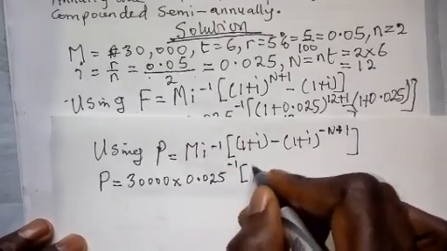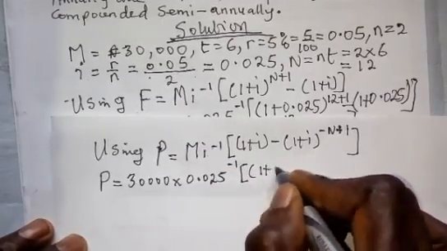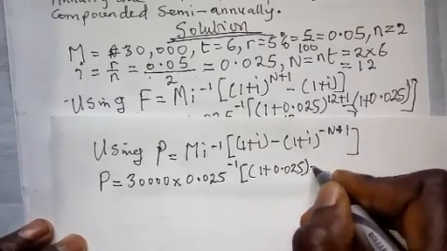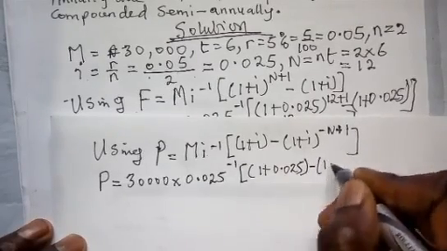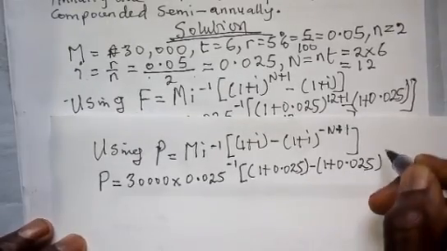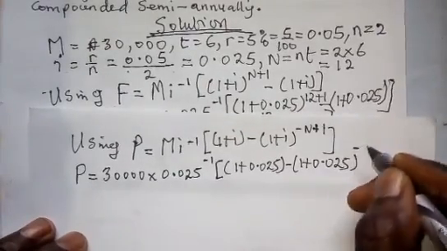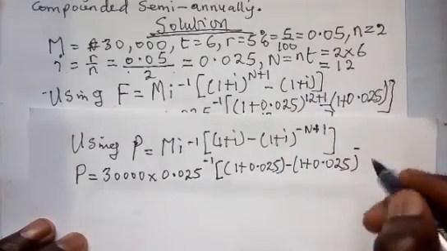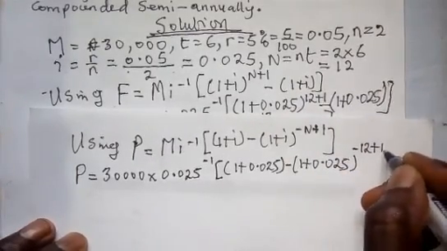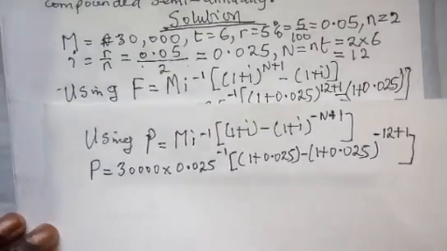Then we can open the bracket and say 1 plus 0.025, close the bracket, then minus 1 plus 0.025, then power what? Minus our n. Our n is 12, so we say minus 12, then plus 1, and we can close the squared bracket.